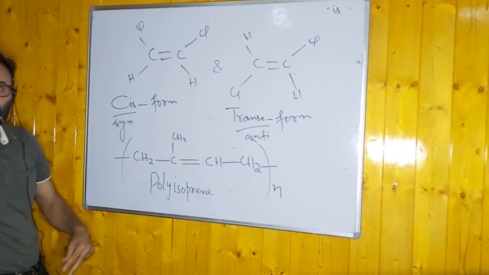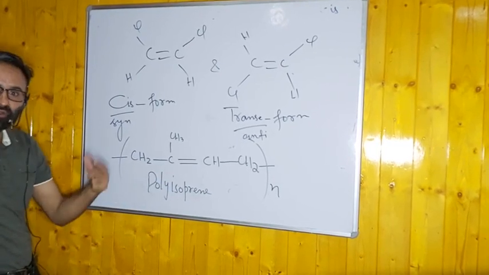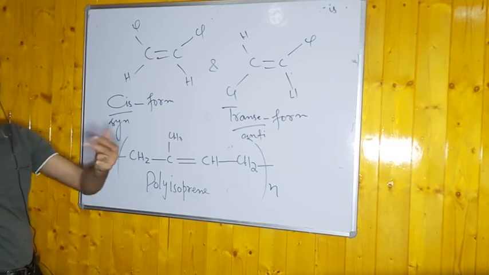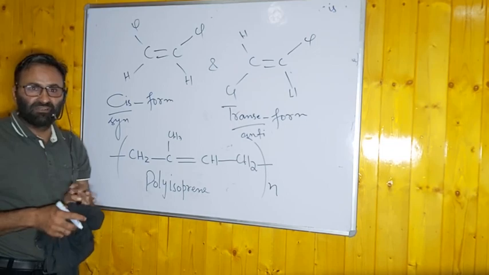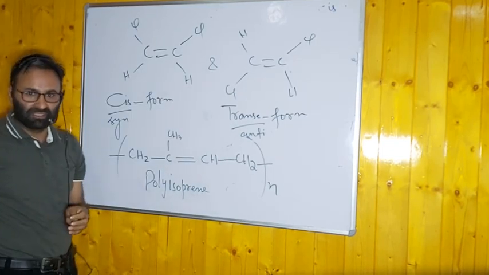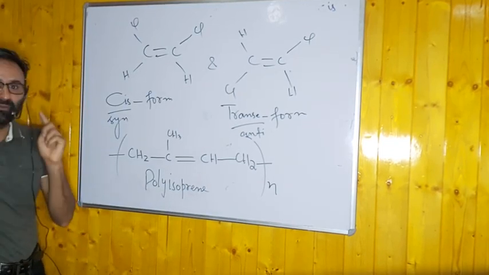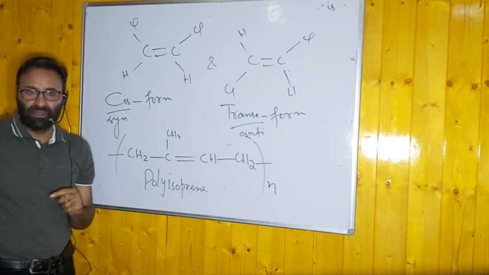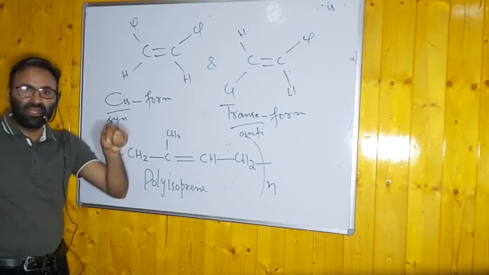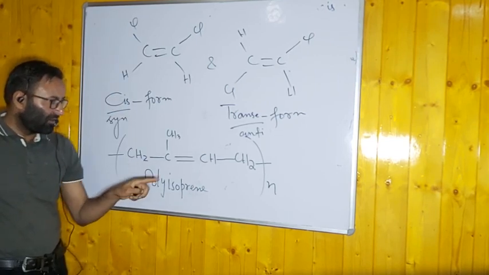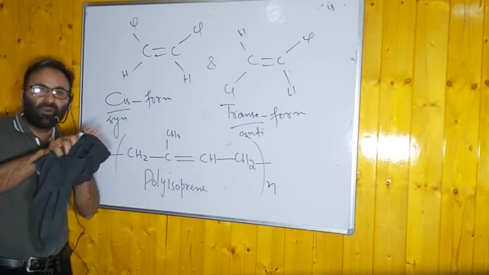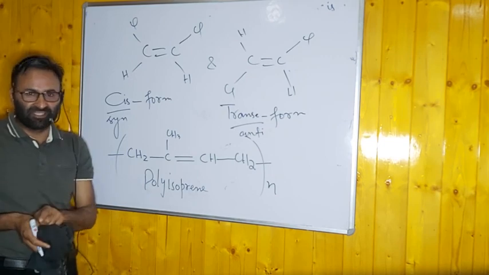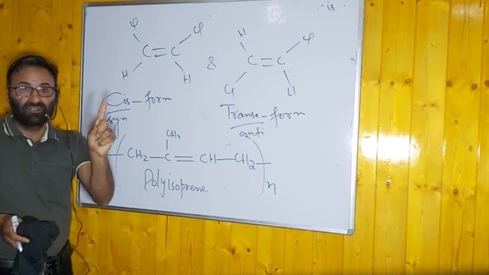It means that it can have cis stereochemistry or trans stereochemistry. Stereochemistry is that branch of chemistry which deals with this orientation. But it has been experimentally found, and this is the point you have to mention: in natural rubber, all the double bonds have cis stereochemistry. It means that all the double bonds have the cis orientation.